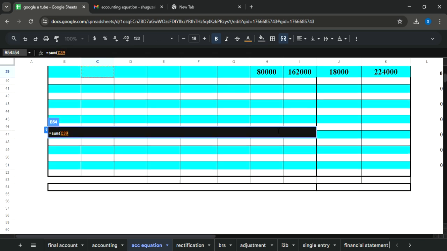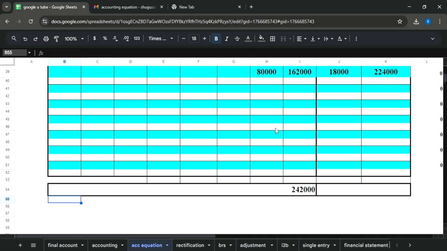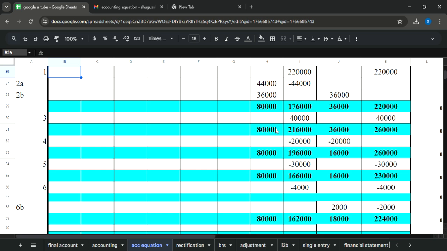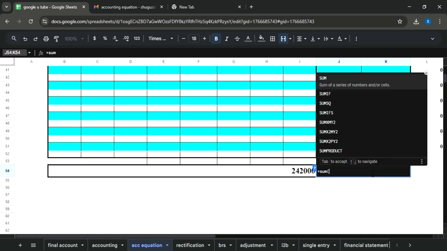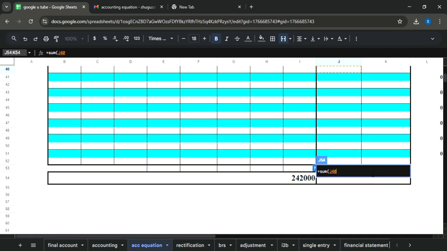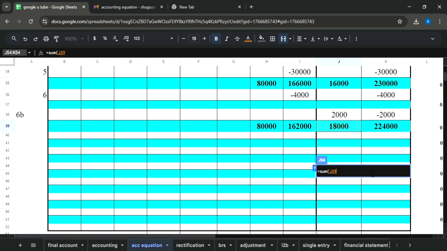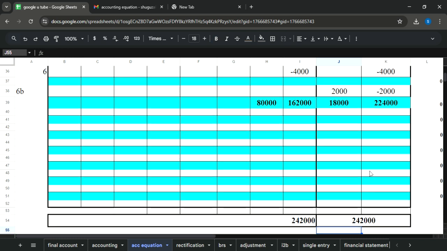Look here, there are two values present over here, and the asset side sum has been completed. In the similar way, you will take the sum of the liability side, and you know that there are two columns in the liability side. So the sum of this side has also been completed, and you can see that the totals of both sides are equal.